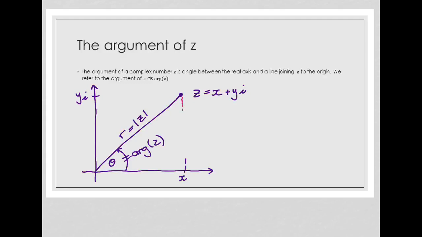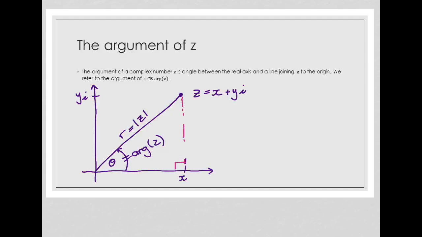If I draw a straight line down to the x-axis, again I have the Pythagorean triangle. Right? And you should know the trigonometric ratios.